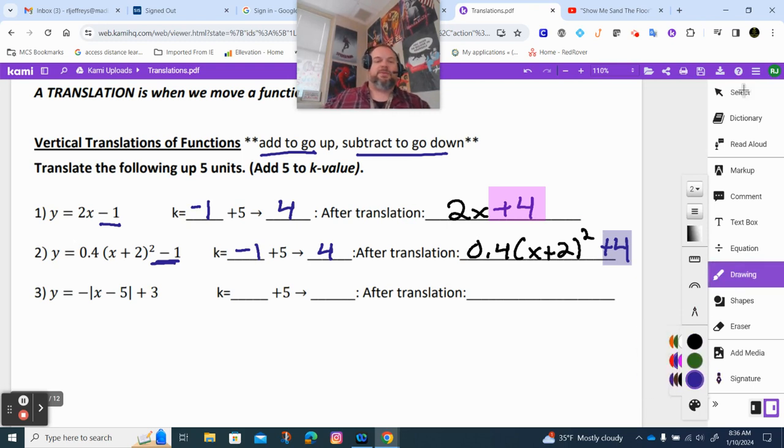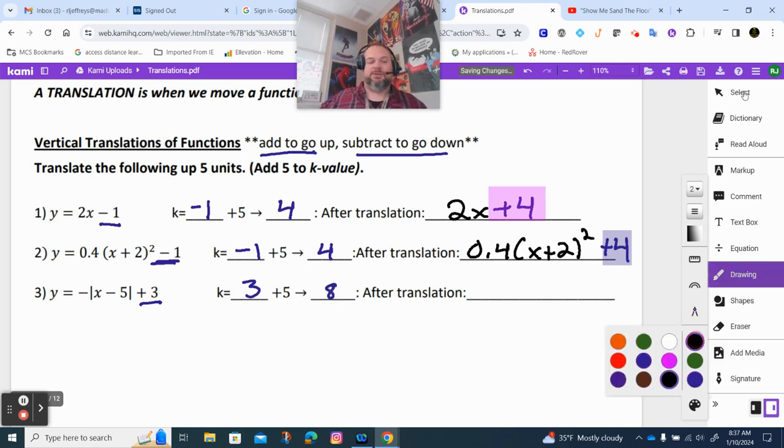So number 3, what's our K value? 3. By the way, if y'all are really lost, I'm also underlining it up here. What is 5 plus 3? 8.